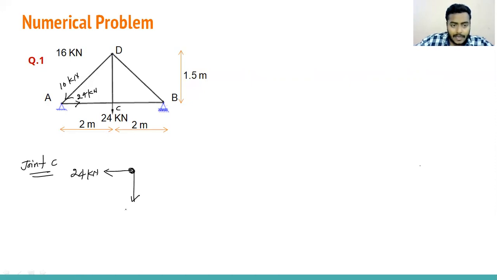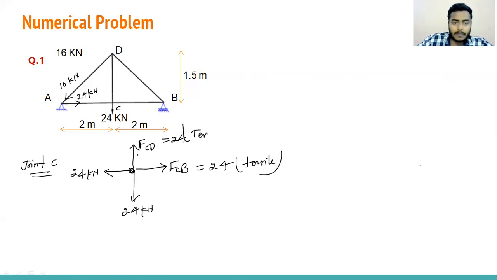There is an external load acting, 24 kilonewton. FCB unknown, FCD unknown. See all the forces are at right angle, so directly we can write this will be 24, this will be 24, and both will be tensile. So this we get tensile 24.